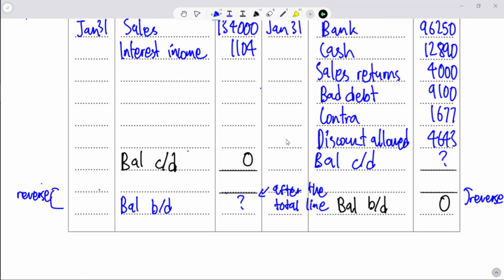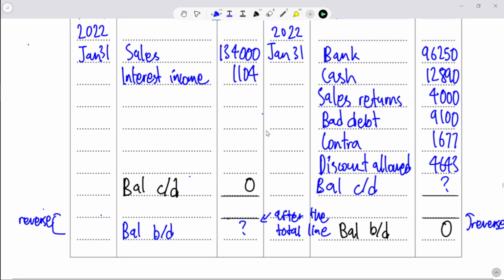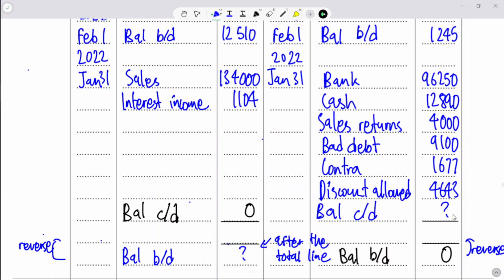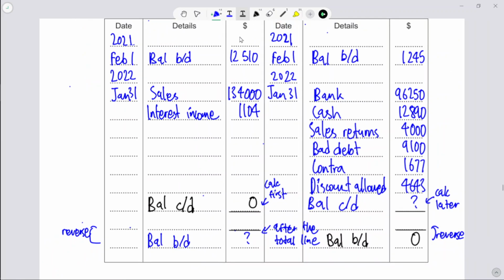So this one has the question mark. This one you calculate later. This one 0, right? So let's calculate first. This all add up together.